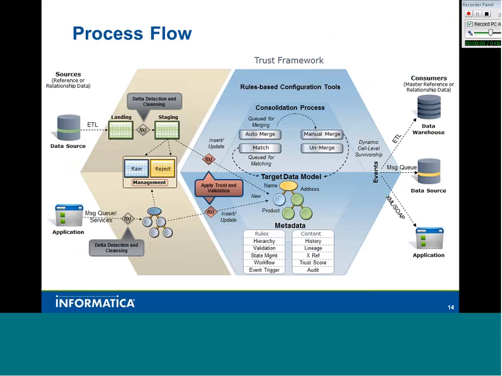Then once the data is in staging, through the MDM load process it sends the data into the actual base object, which is referred to as a table. And once the records are in the base object, we send the data through a consolidation process, which is match and merge, and that gives you the best version of truth.